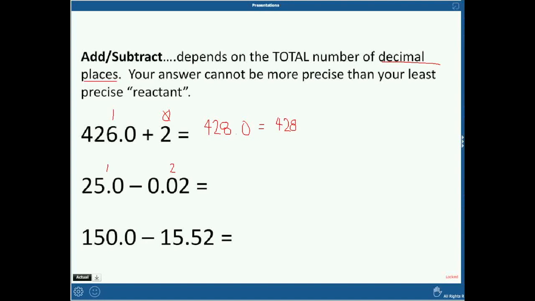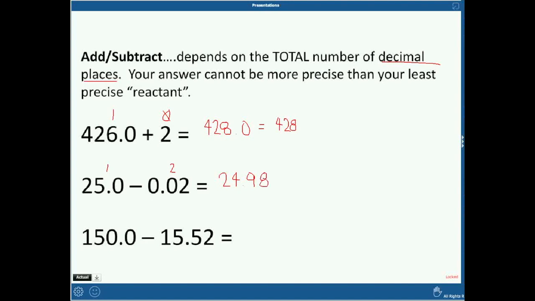So we can't go to that 0.2. So let me do my calculator just to be safe. So I'm going to get 24.98.